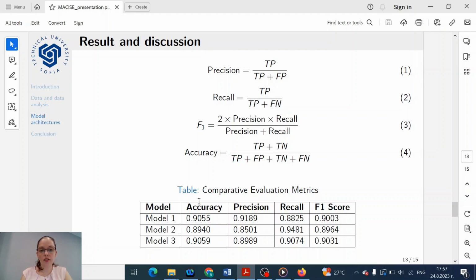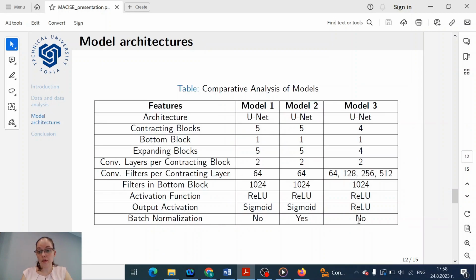After the test, using the same training set and the same test set, our comparative evaluation metrics are as follows. We obtain a better result for accuracy using the third model, but the precision is better for the first model. Let me show you.